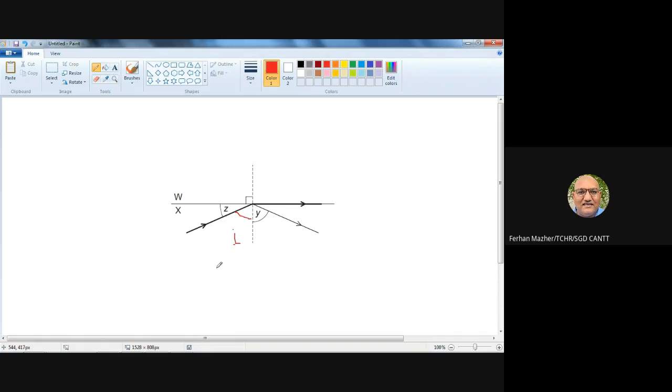And this angle of incidence in the dense medium, whose angle of refraction in the rare medium is 90 degrees, that angle of incidence is known as the critical angle. So this is the critical angle.